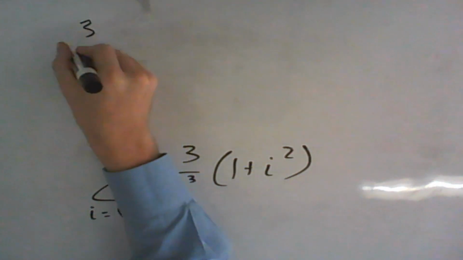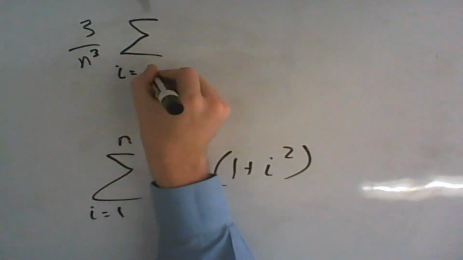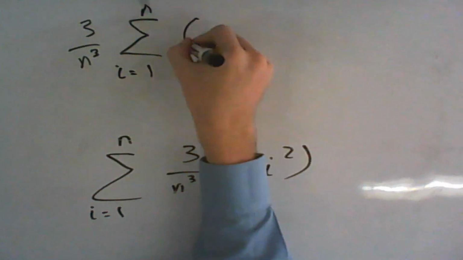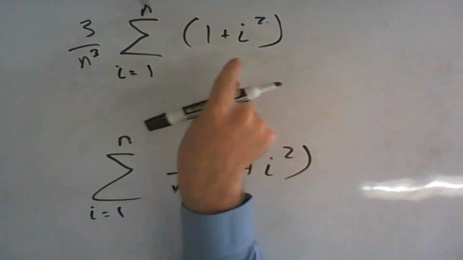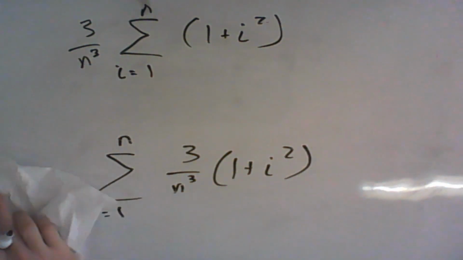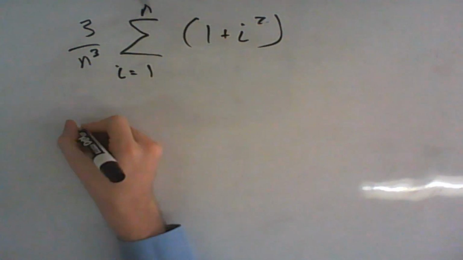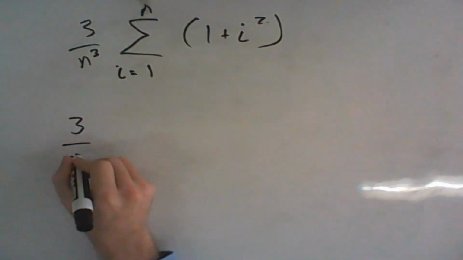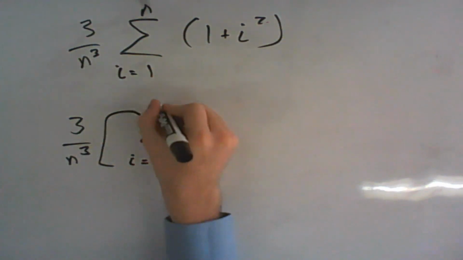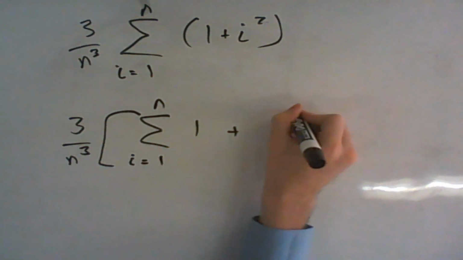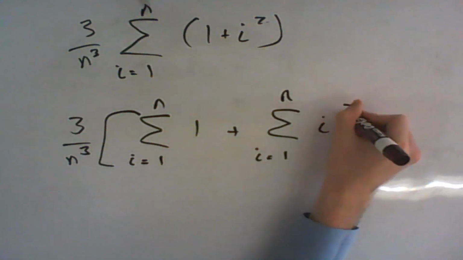So we get 3 over n cubed times the sum from i equals 1 to n of 1 plus i squared. Now, these are two separate ideas that we need to separate. The first idea is the sum as i goes from 1 to n of 1, plus the sum as i goes from 1 to n of i squared.